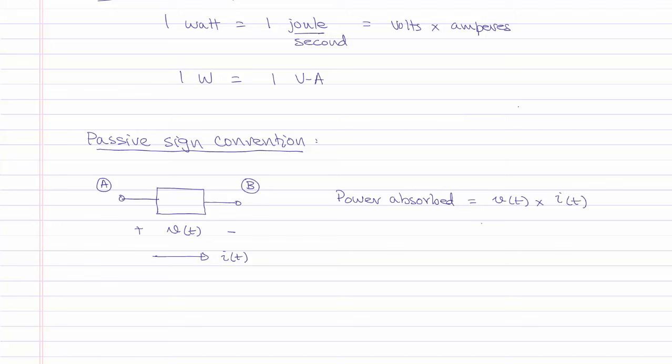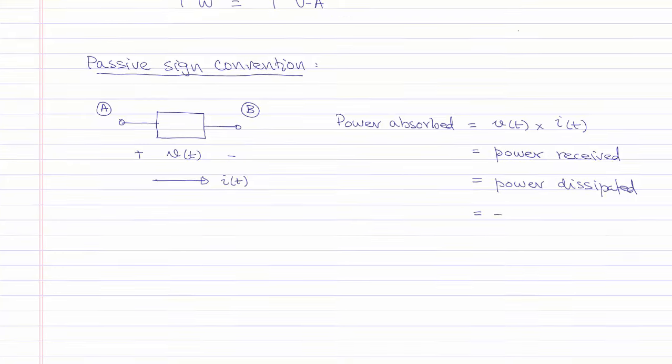The power absorbed is often also called the power received or the power dissipated in the element. It is also called the negative of the power supplied by the element, or negative of the power produced by the element.